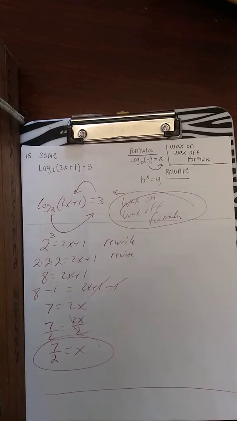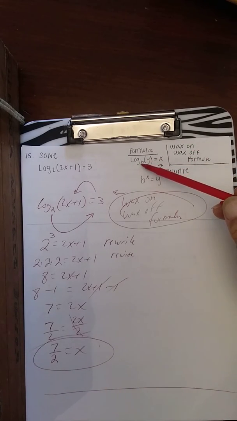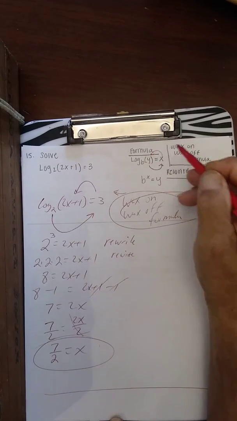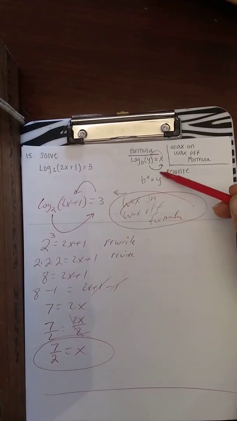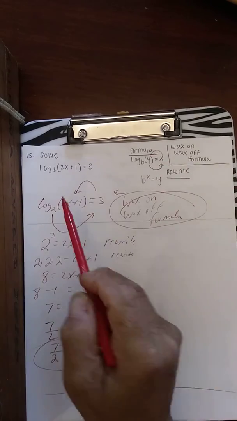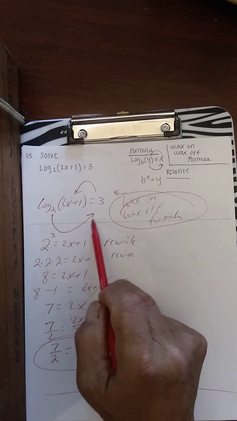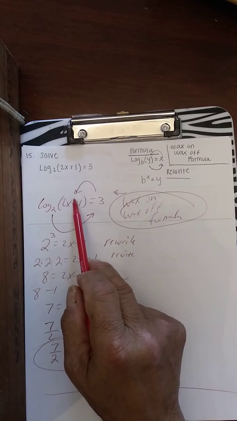Alright, let's solve this logarithmic equation. Alright, the wax on, wax off rule means the base b to the x power is going to give me this y right here. So b to the x is the y. We have the same formula. So now it means 2 to the power of 3 is going to be this 2x plus 1.